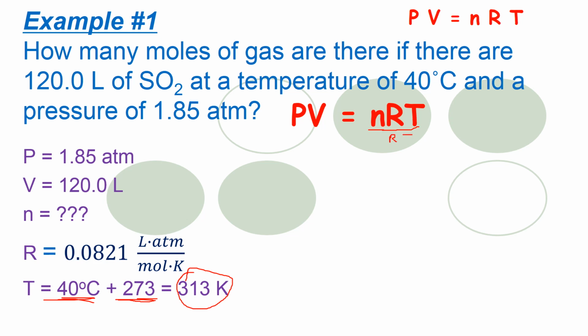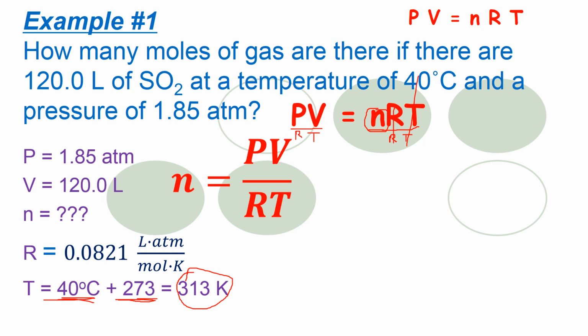If we divide this side by R and T, then the R will go away, the T will go away, and we'll have moles all by itself. But that means, of course, that we have to divide the other side by R and T to do that. And when we do, we have this equation. n, that's this one over here, now is equal to PV over RT.